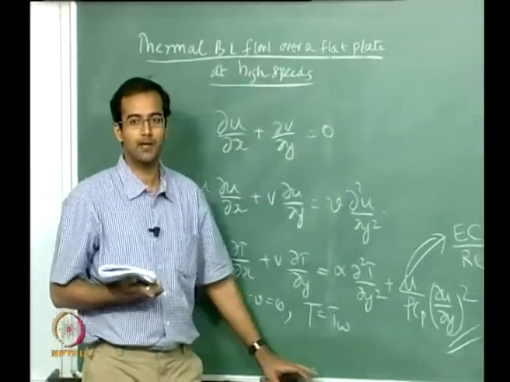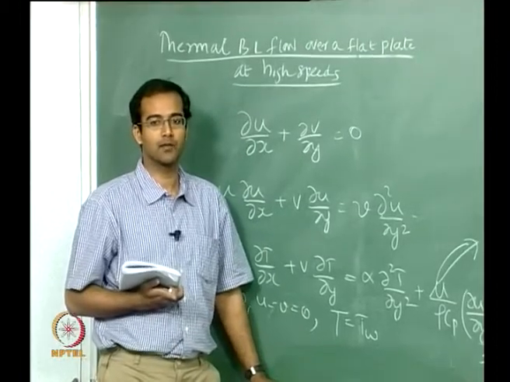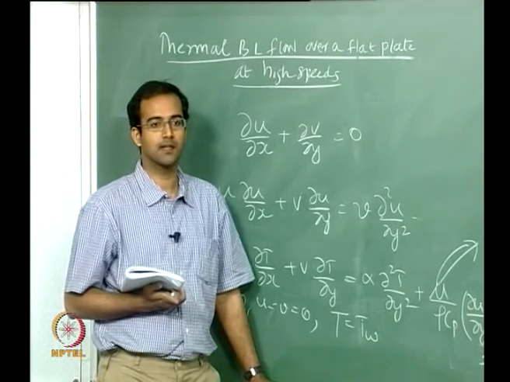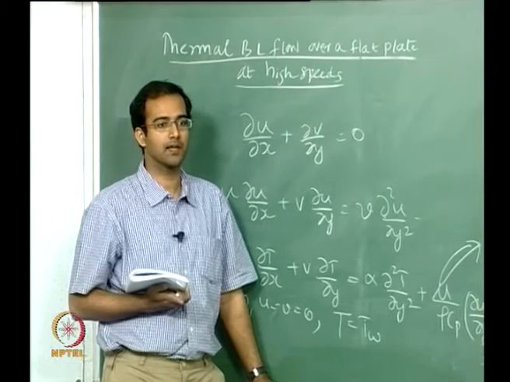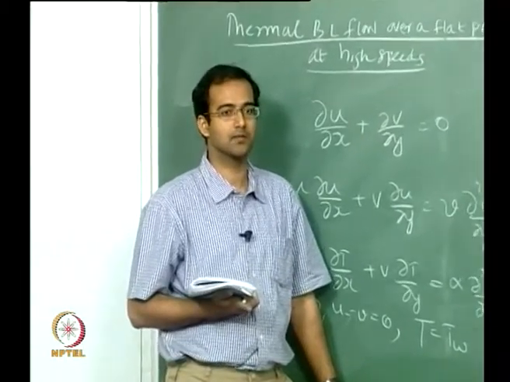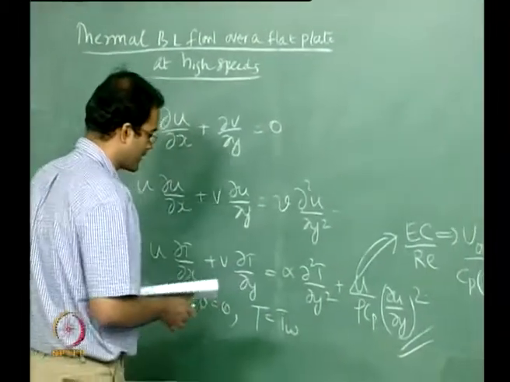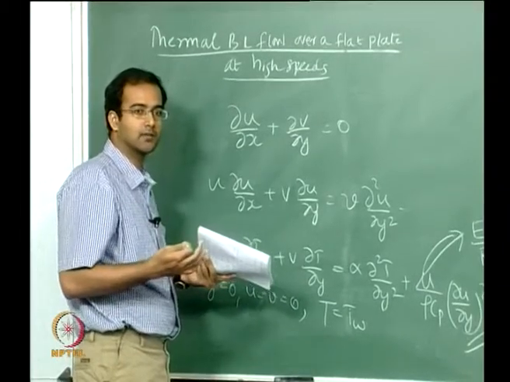So even if you maintain an adiabatic wall, you can get a temperature profile if you have viscous dissipation. For high speed flows considerable effects can be observed, where your temperature will vary from the free stream temperature because of viscous dissipation itself. So you can also have a heat transfer case even if you don't have any heat transfer through the wall.